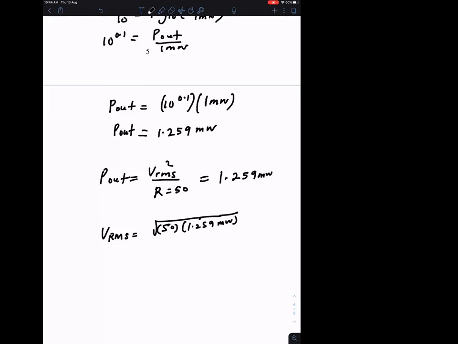Unit is what? The square root of 50 times 1.259 times 10 to the power of minus 3. How much is that? 0.251 volt.